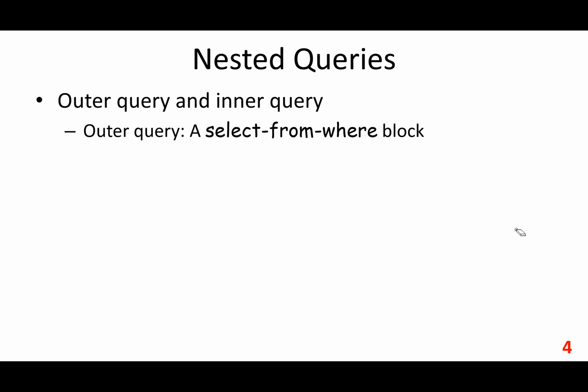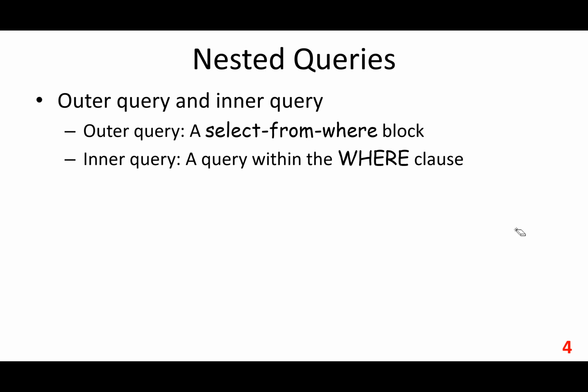The difference is in the inner query, a query within the where clause. When we write a condition for the where clause, can we use another query? Yes, we can.